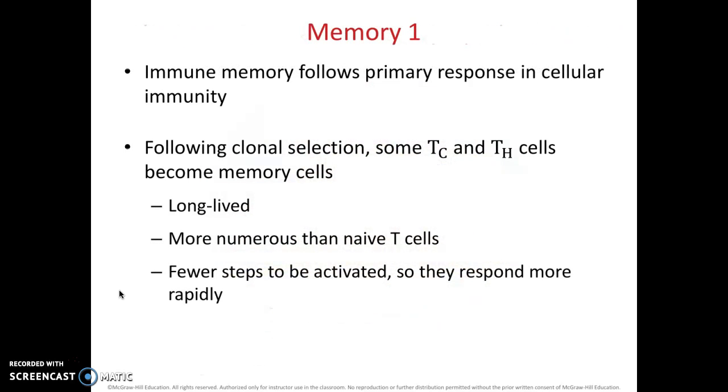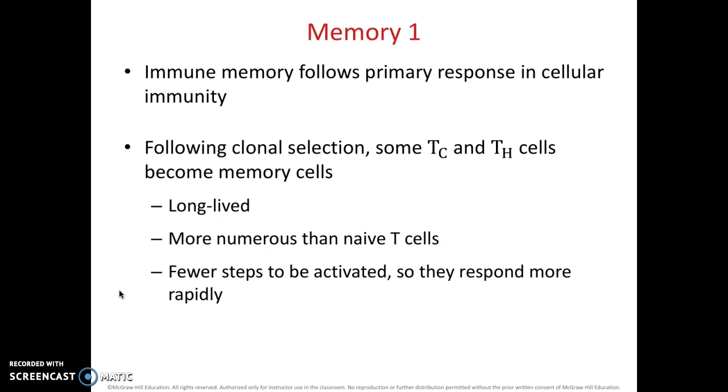So immune memory follows primary response and cellular immunity, meaning memory occurs after you've been exposed to an antigen for the first time. After clonal selection, which is when it multiplies, some cytotoxic T cells and some helper T cells become memory T cells.